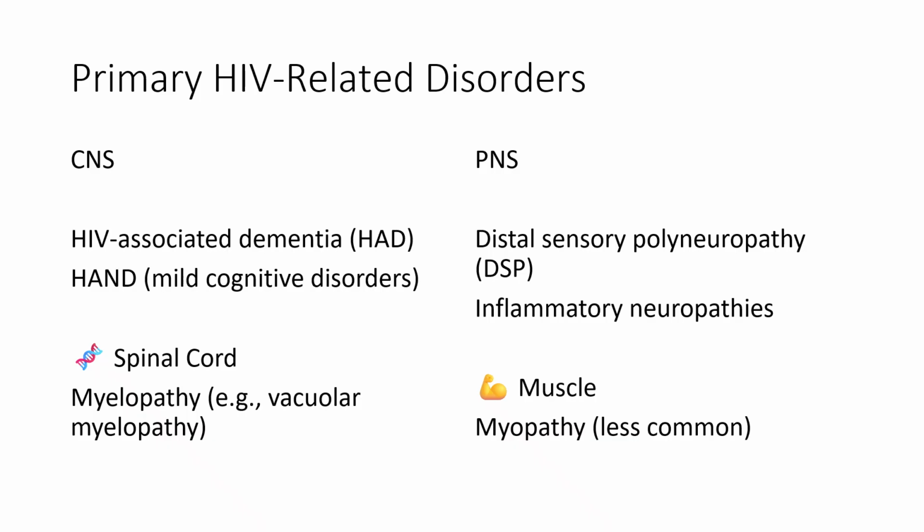In the central nervous system, disorders like HIV-associated dementia and HIV-associated neurocognitive disorders like mild cognitive disorder; involving the spinal cord, like vacuolar myelopathy; involving the peripheral nervous system, like distal sensory polyneuropathy and inflammatory neuropathies; and involving muscle, very less commonly, they may have myopathy.